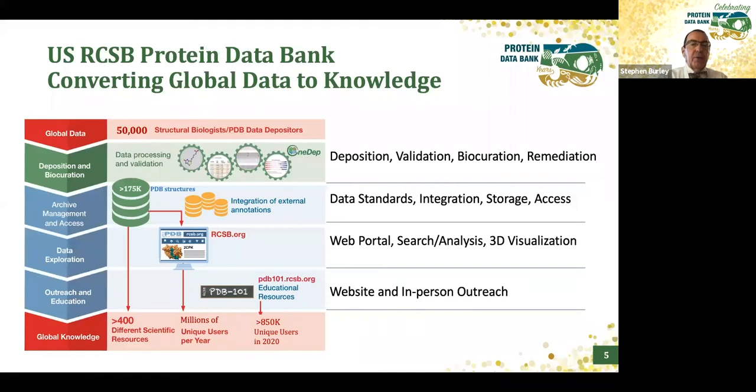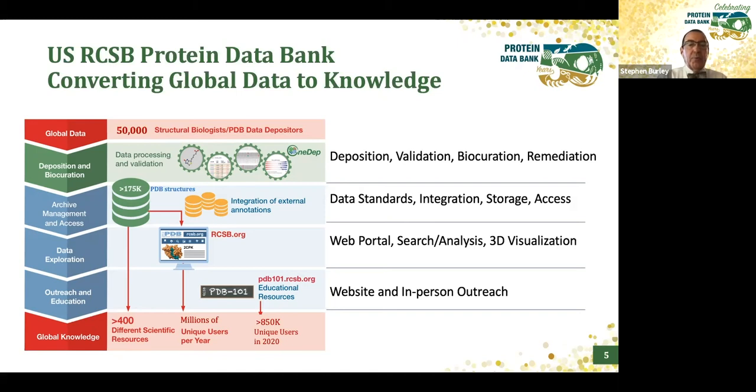Literally every day of the year, we're receiving 3D structure information from structural biologists working on all inhabited continents. We process this information in collaboration with our Worldwide Protein Data Bank partners, each regional data center taking responsibility for local depositions.